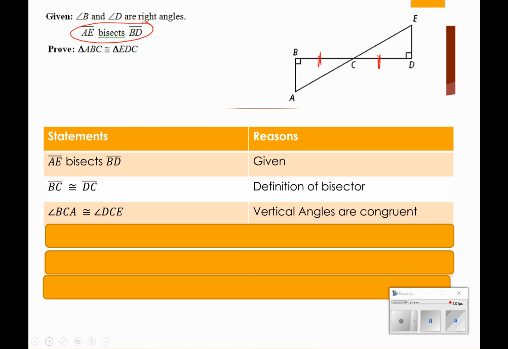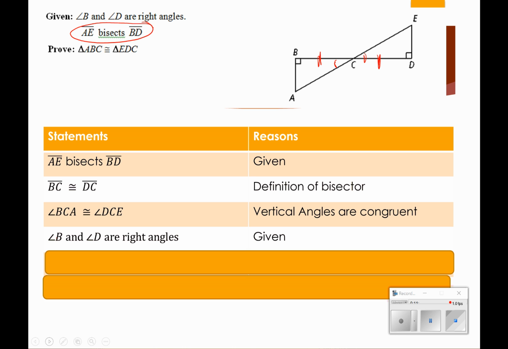So next I'm going to say that angle BCA is congruent to angle DCE, because vertical angles are congruent. So we're almost done. We just have to deal with the right angles now. B and D are right angles, and that's given. So you guys see how I split up the givens?